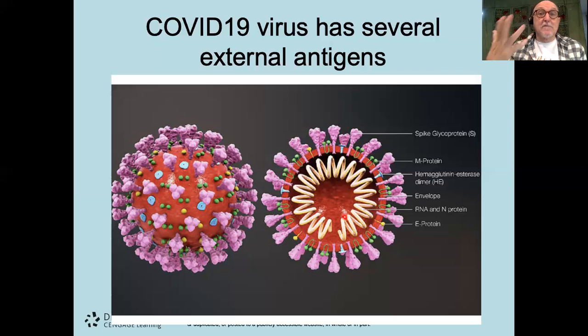And then once all of that process is complete, the viruses leave the cell by one means or another. In the case of COVID, they bud out and they're released with a membrane around them like this.